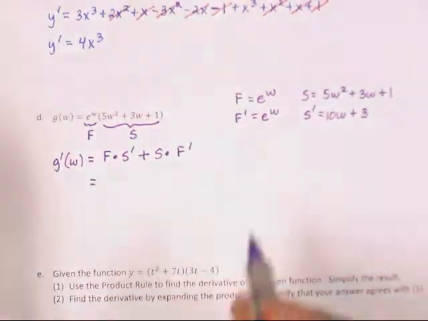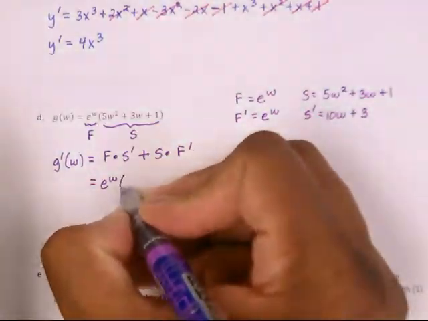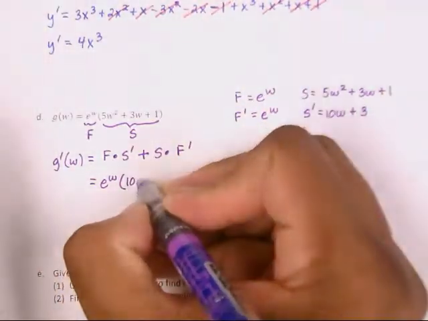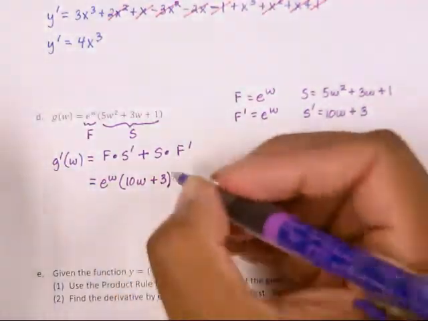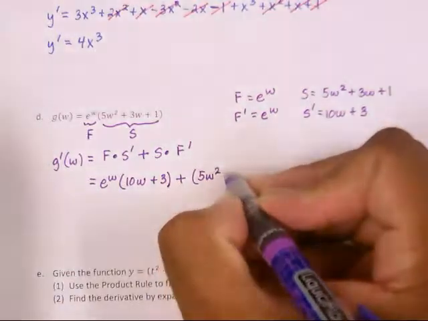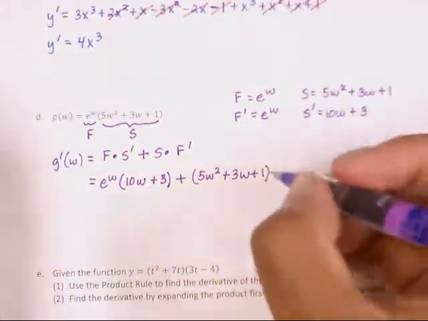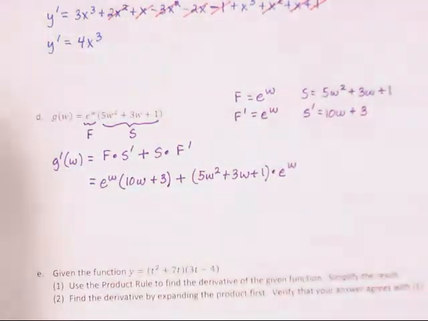So in this case here, the first was e to the w times the derivative of the second, that's 10w plus 3, plus the second, which is 5w squared plus 3w plus 1 times the derivative of the first, and that's e to the w.